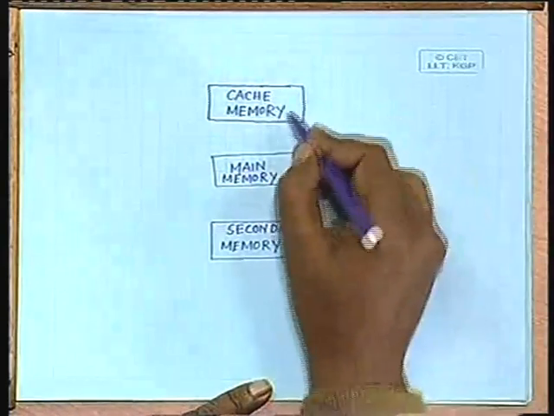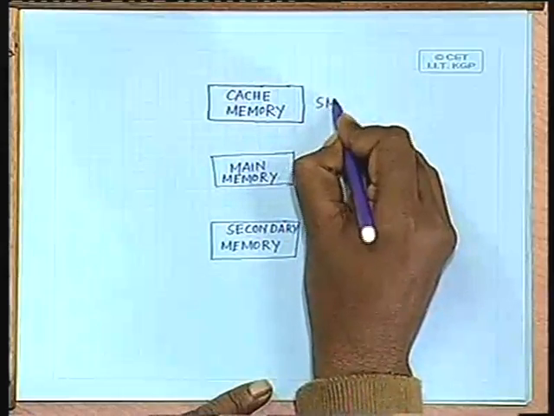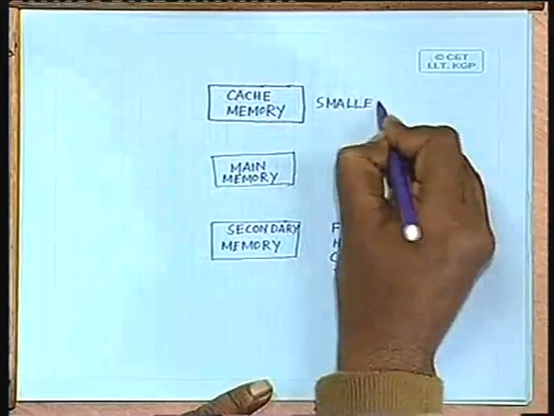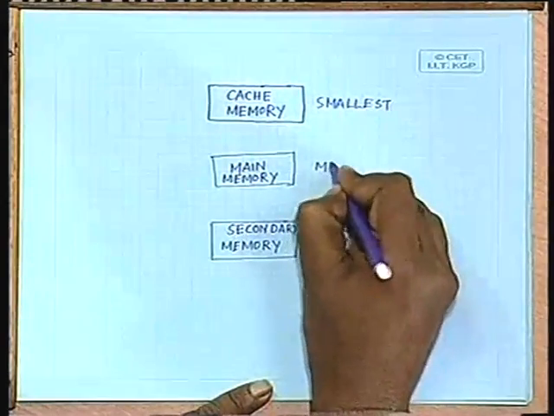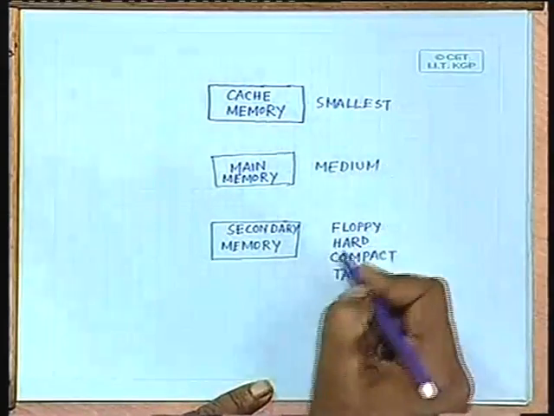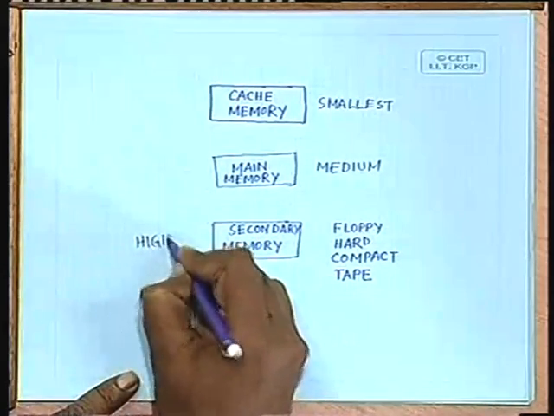Now, size wise, the cache memory is the smallest among all of them. Main memory size is medium, and secondary memory is high.